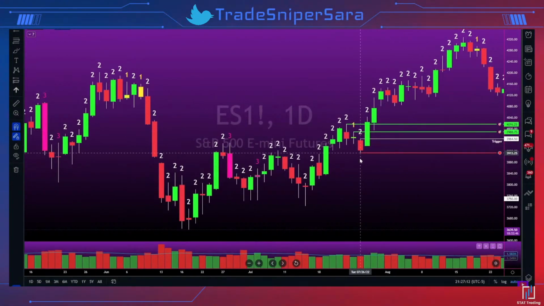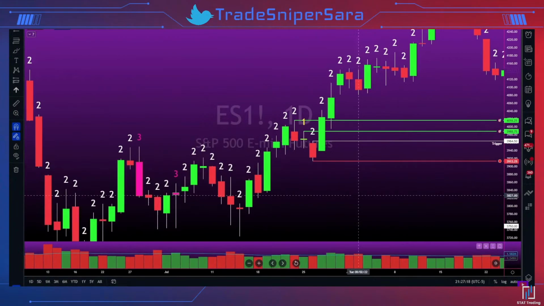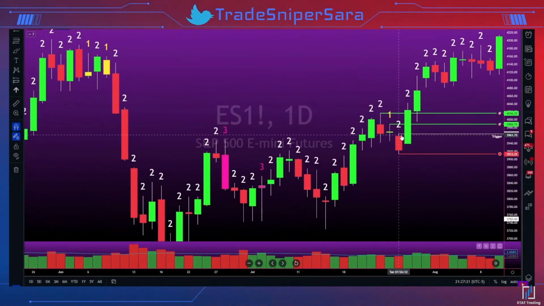Okay, so let's grab our stop. We can see just based on this candle, it opened here and they bought it from the open. It was just buying from the open.